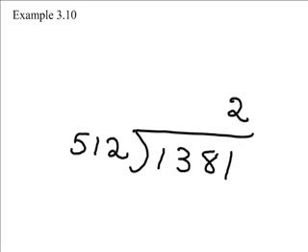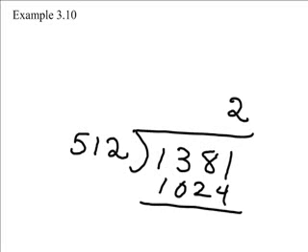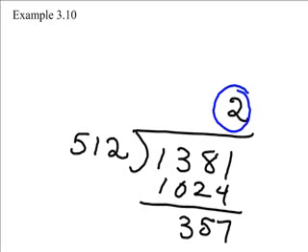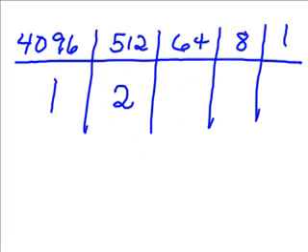Again, if we multiply and subtract to get the new remainder, our new remainder is 357. But what's important here is this 2, because this 2 is telling us how many 512s are contained in the remainder after we've taken out the 4,096s.